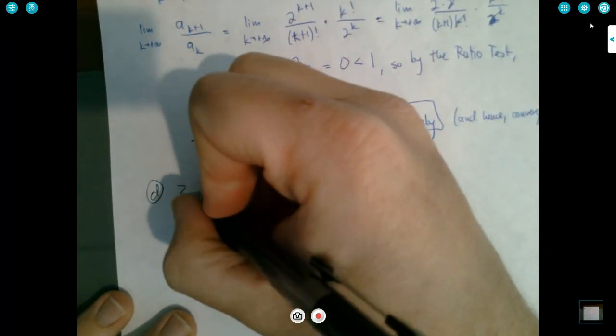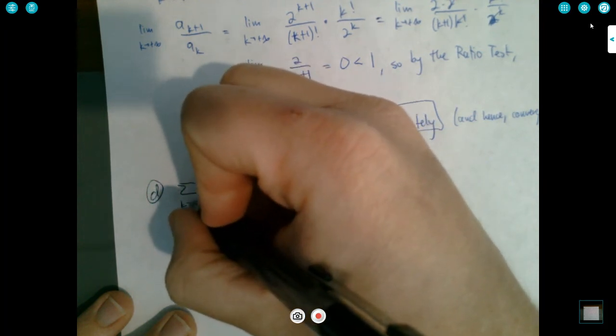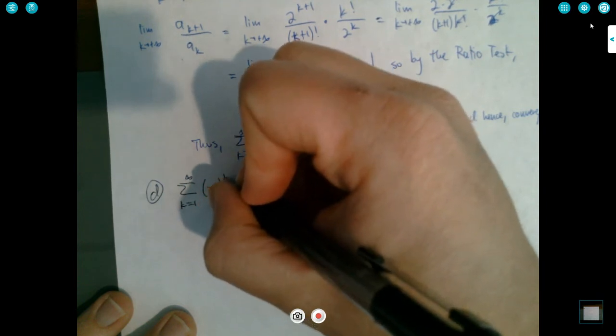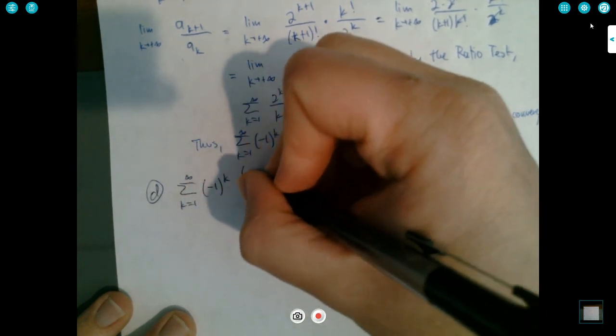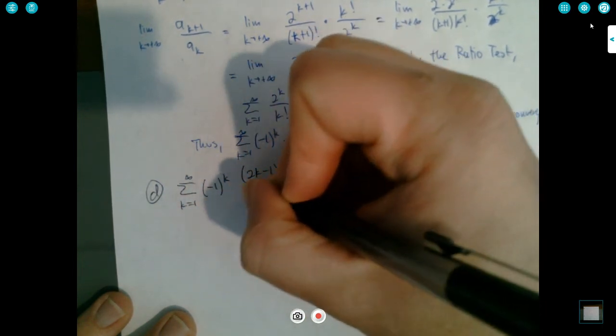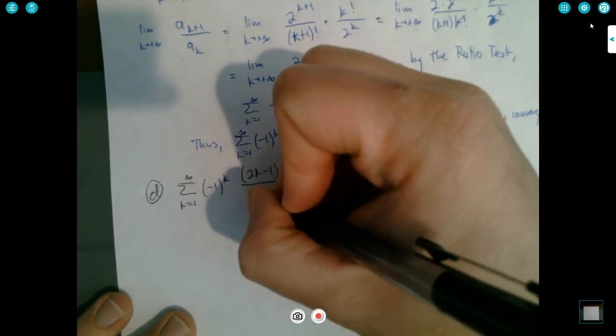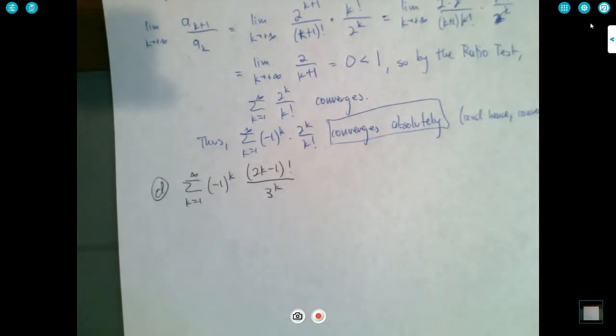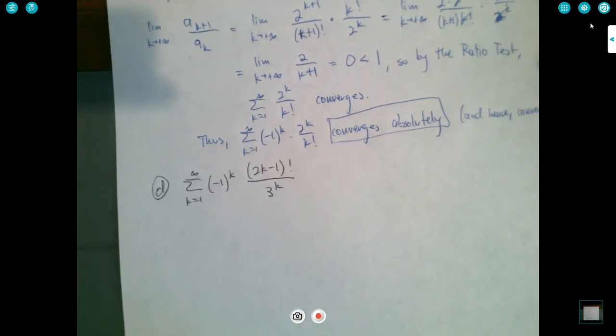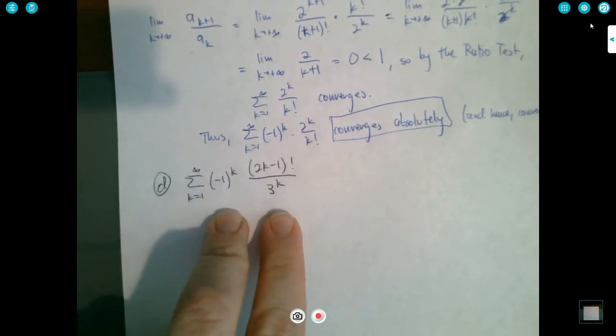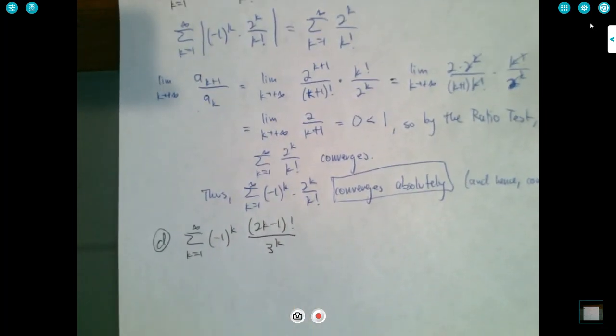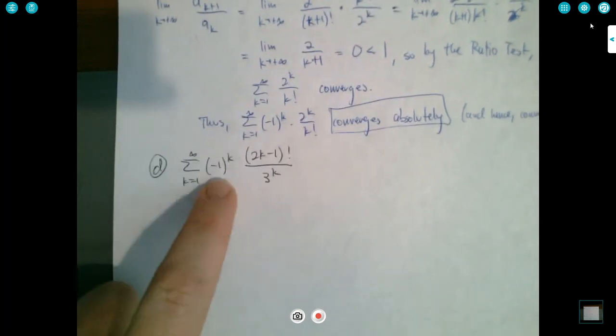Let's do the sum from k equals 1 to infinity of negative 1 to the k times 2k minus 1 factorial over 3 to the k. Okay, so I'm going to skip the step where I take the absolute value, because I think you see what happens is that this thing just goes away.